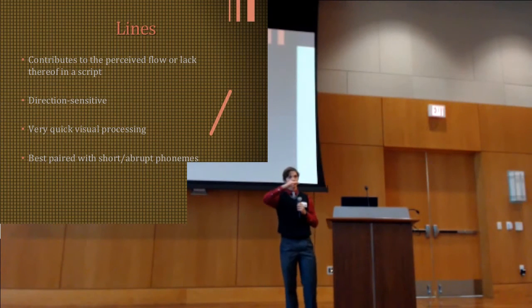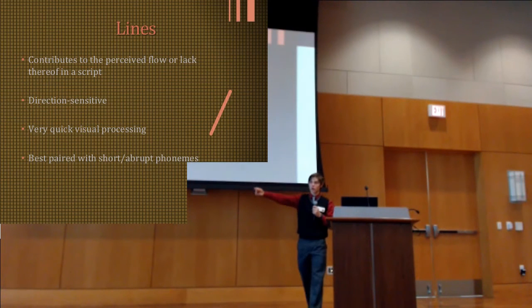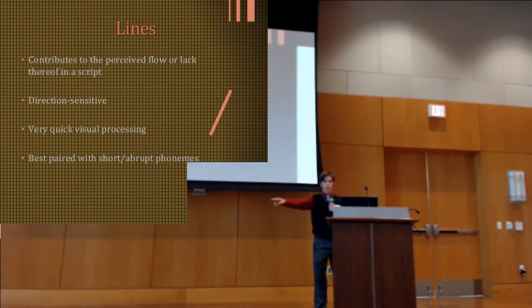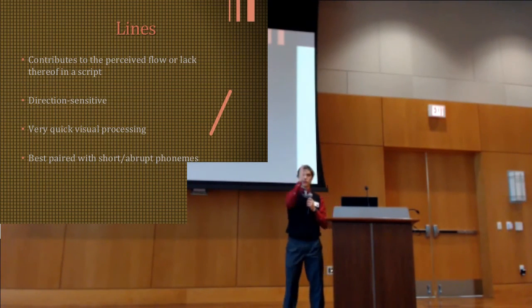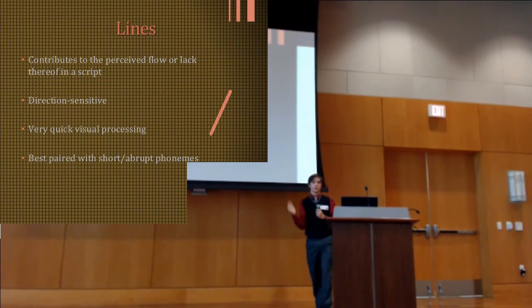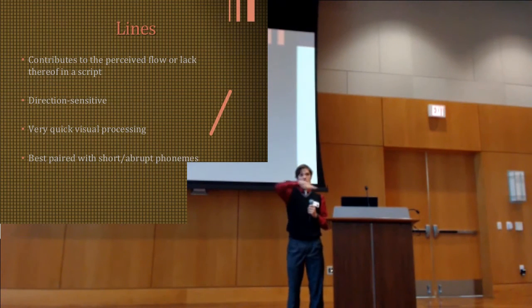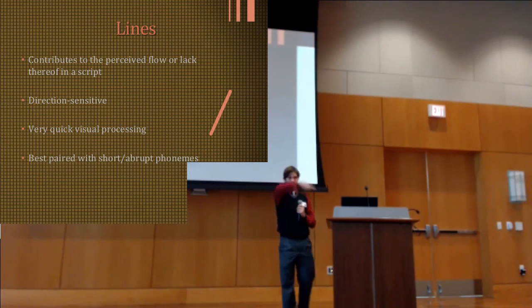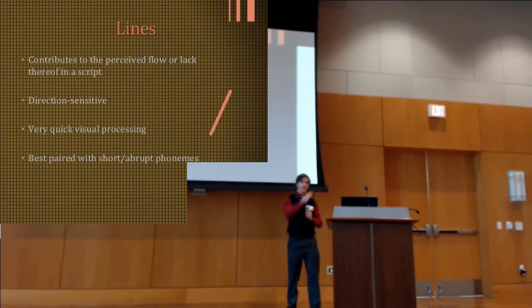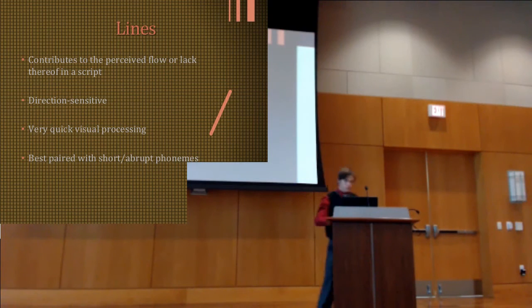If you have a lot of horizontal lines and a left-to-right script, then it will flow very smoothly from left to right, and the eyes will follow that very quickly. If you have a bunch of vertical lines, then it will be a very halting, slow script that is viewed as being complex. And if you have slanted forms, then the eyes will essentially zigzag back and forth as they follow the shape up and then reset. So it's in between those.